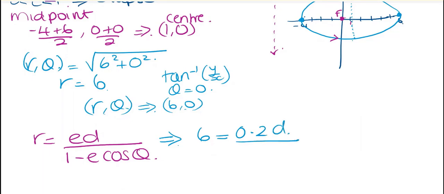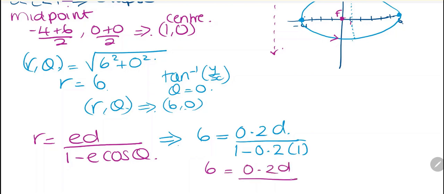And then we have 1 minus 0.2 cosine of the angle. So it's cosine of 0, and cosine of 0 is 1. So this is just going to be 1. So we now just need to simplify. So 0.2 d, and then 1 minus 0.2 is going to be 0.8.